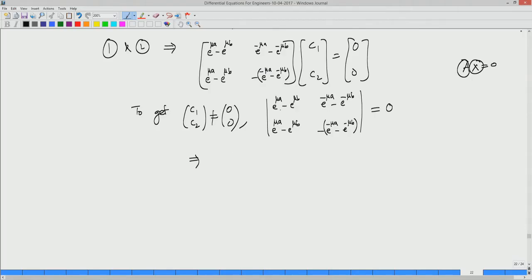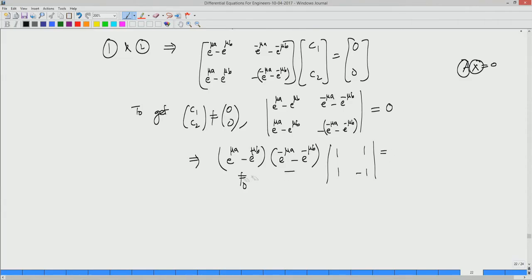So, the determinant means e power mu a minus e power mu b, take it out. Similarly, e power minus mu a minus e power minus mu b, can take it out from the second column. So, what you get is the determinant of 1 1, 1 minus 1, and this is non-zero and this is non-zero.